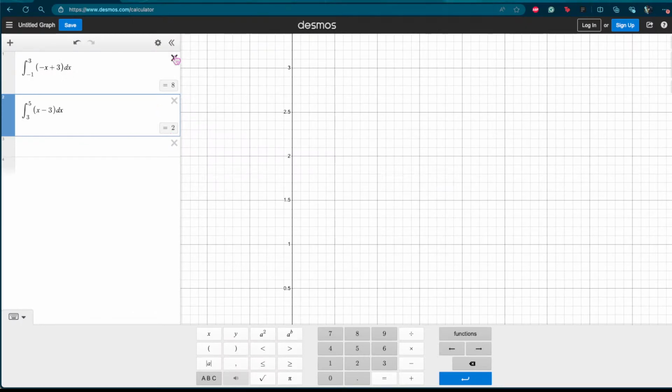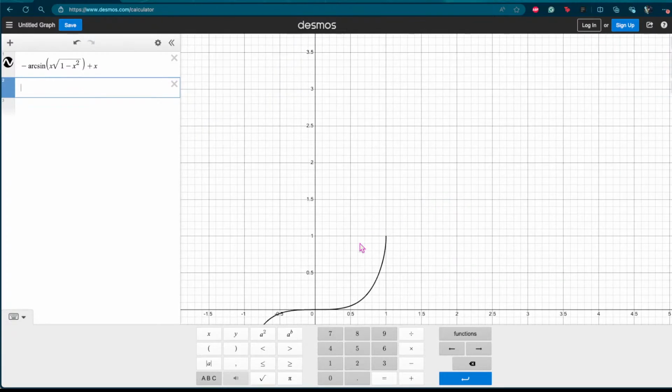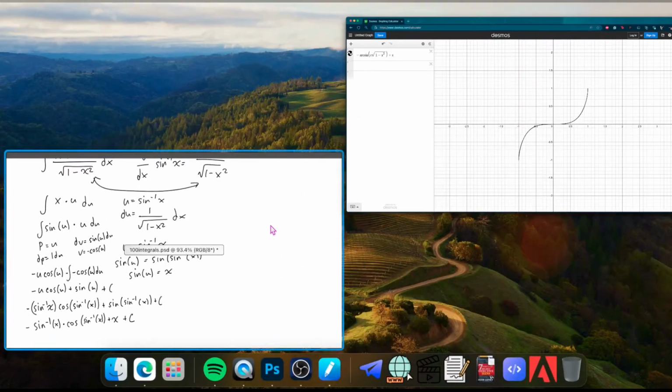Let's see what the actual answer is, and let's see what I got. Negative arc sine of x square root 1 minus x squared plus x. Okay, then let's see what I got.